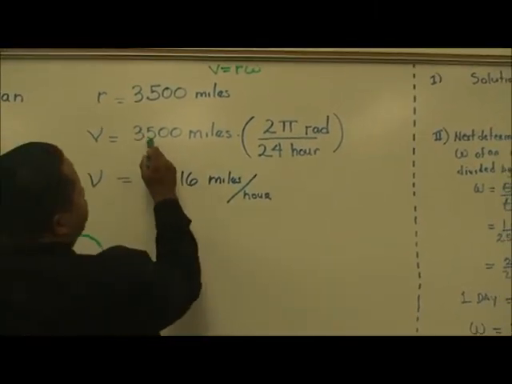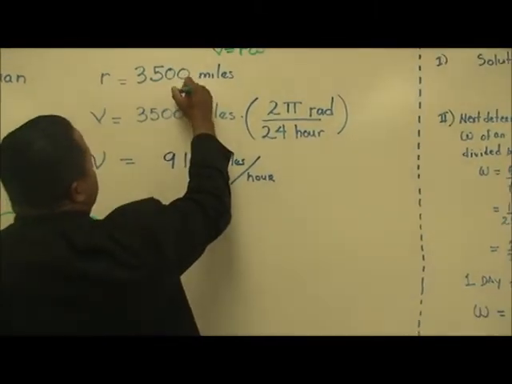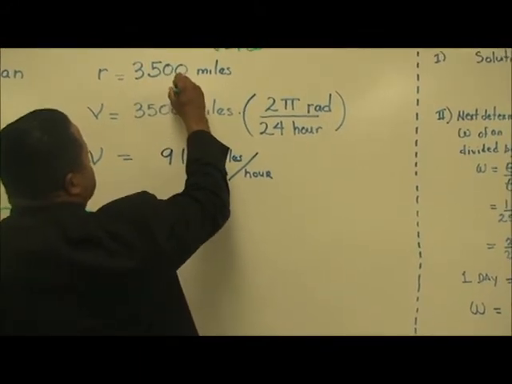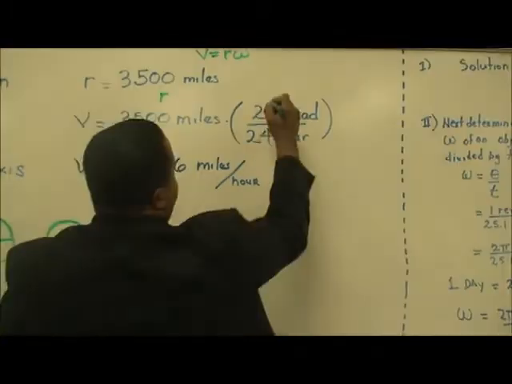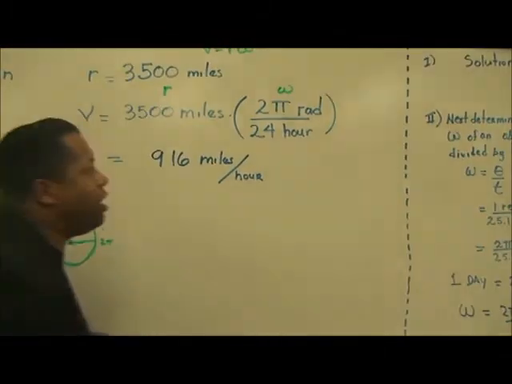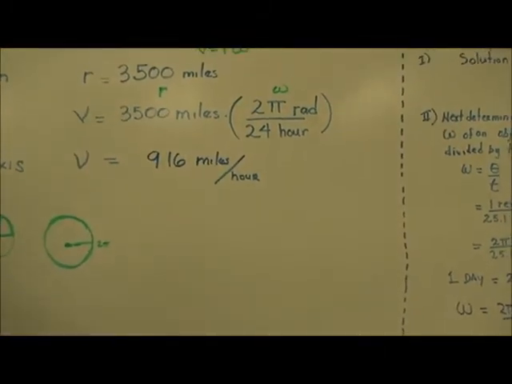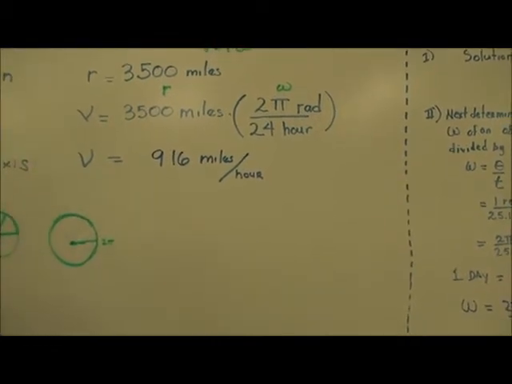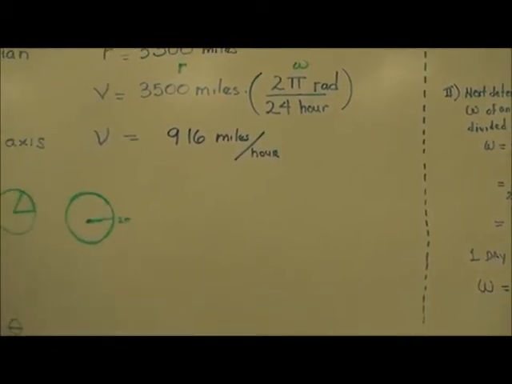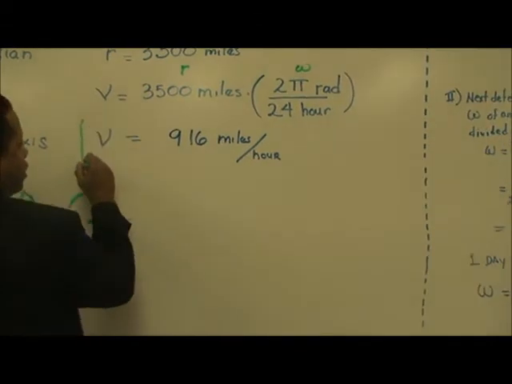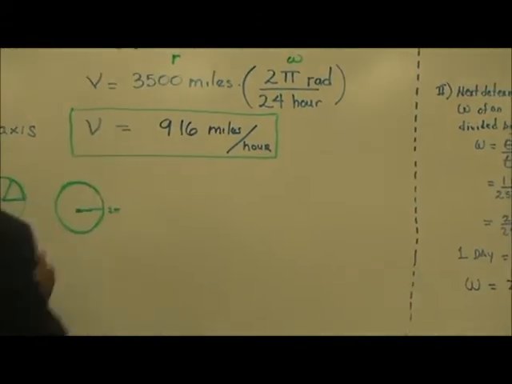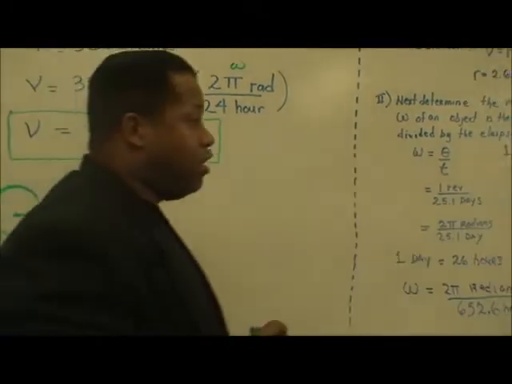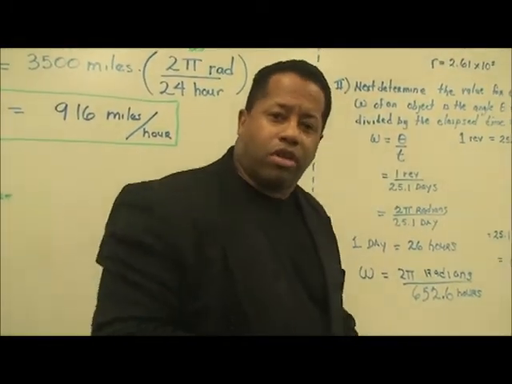So here, with the radius R being 3,500 miles times your angular speed, omega, this is going to give you 916 miles per hour. This is your solution. So this is the linear speed on the Earth.